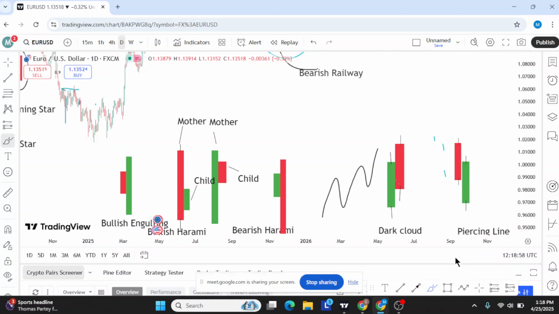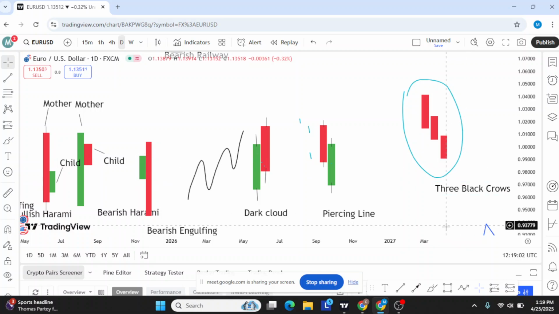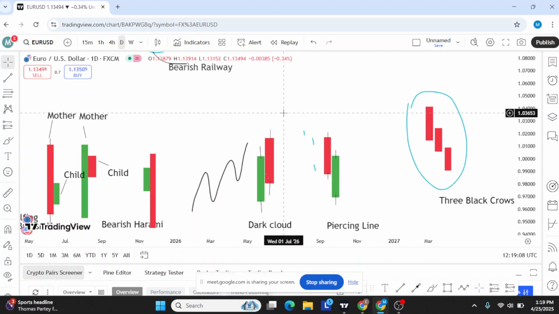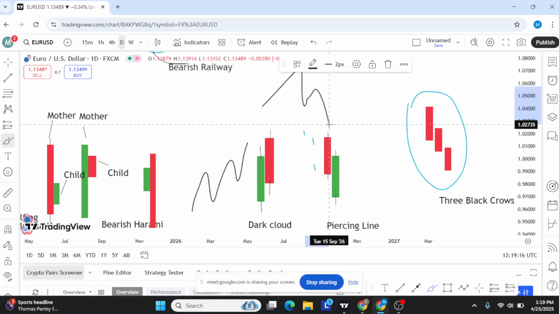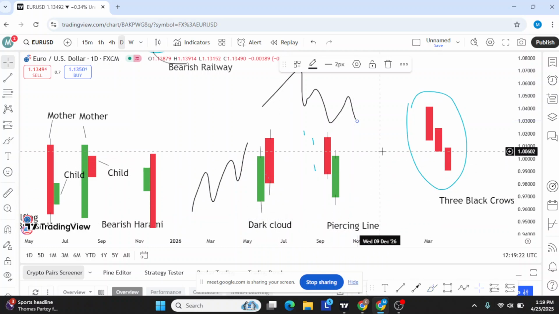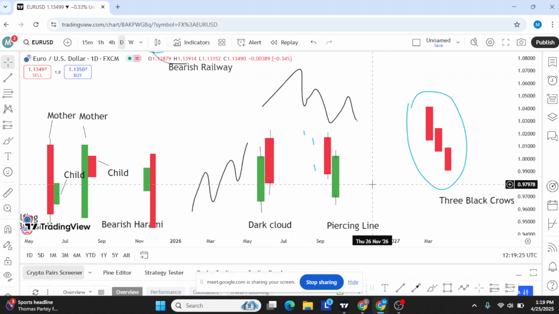The piercing line is a pattern we can make use of in a downtrend market. So you can see the dark cloud is like the opposite of the piercing line.